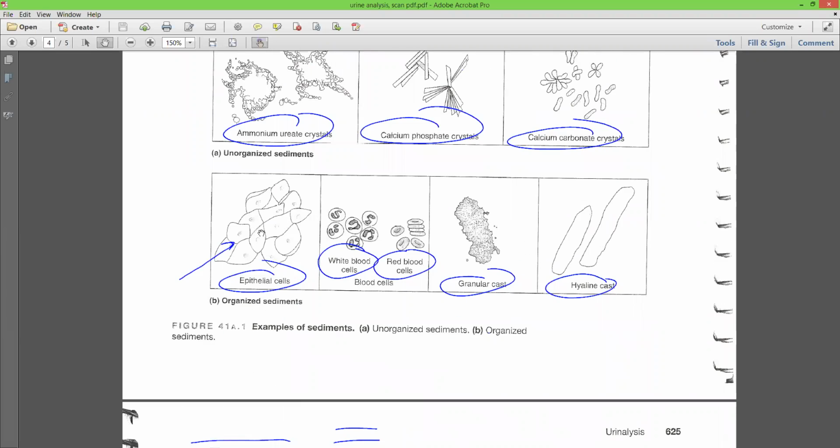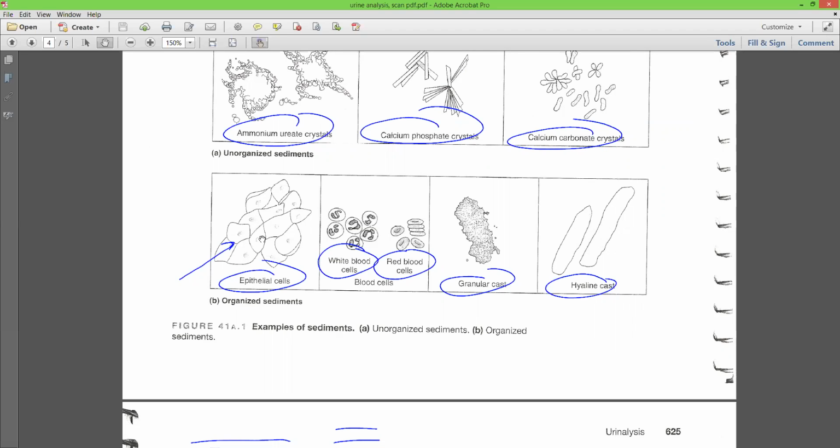You can also look for different sediments and casts. So like finding epithelial cells, so your body for some reason is shedding some of the epithelial cells. Your urinary bladder, for example, is made out of transitional epithelium.